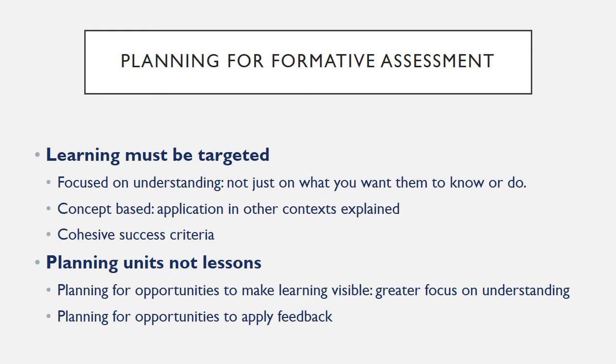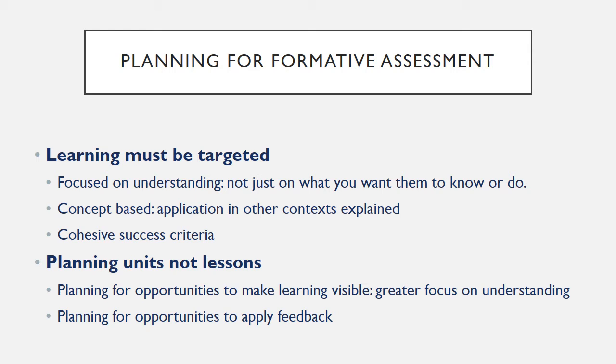And that concept can be applied in all different places, all different types of writing. And of course, a cohesive success criteria that builds and gives them the steps they need in order to be successful.